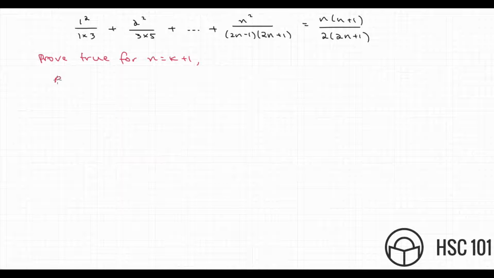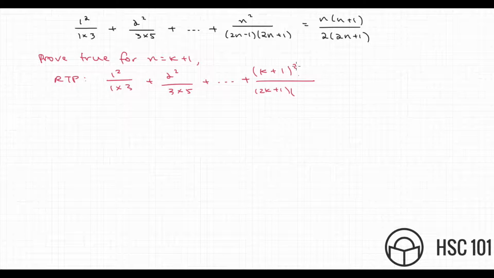In other words, our RTP is 1 squared over 1 times 3 plus 2 squared over 3 times 5 plus ... all the way to (k plus 1) squared over 2 lots of (k plus 1) minus 1, that's 2k plus 1, times 2 lots of (k plus 1) plus 1, that's 2k plus 3.